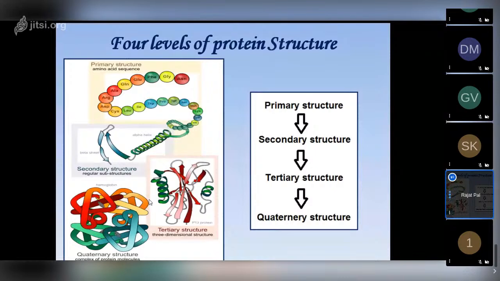So if we add two or more units together to form its active form, to perform its activity, then it is known as the quaternary structure. All proteins might not have a quaternary level of structure. Okay, a few proteins may act at the tertiary structure level, but a few proteins may act at the quaternary structure level. So these are the four levels of structure of the protein molecule.